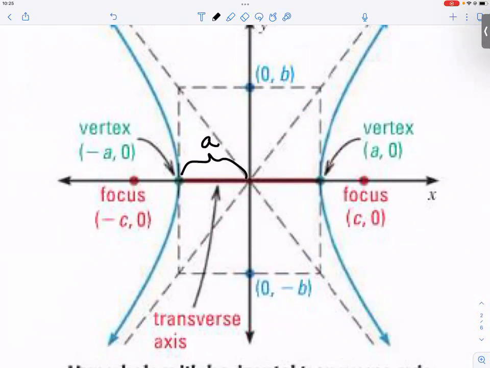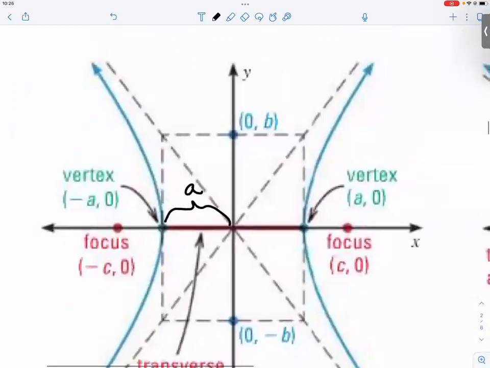Now, there are only two vertices here, and the distance from the center to the vertex is always labeled as A. And for hyperbolas, A is not the longest among A, B, and C.